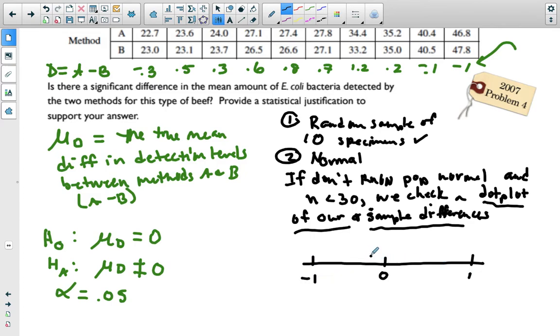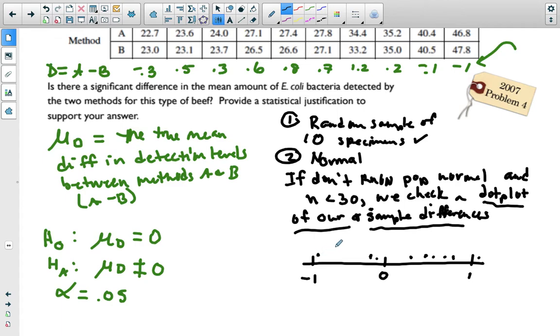So we had -0.3s in here, 0.5s up here, 0.3s in here, 0.6s up here. It's just got to be a sketch, but it's got to be labeled. You have to show someone that you know what is going on. 0.7, 1.2, -0.1 is somewhere in here, and then -1 is out in here.